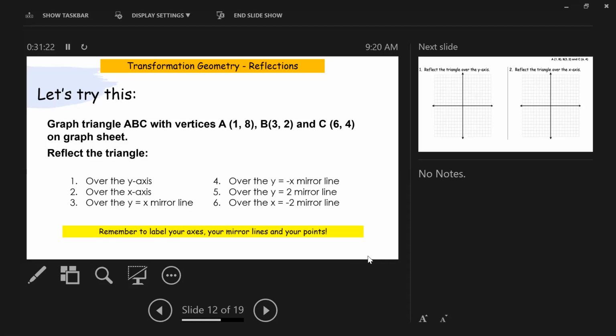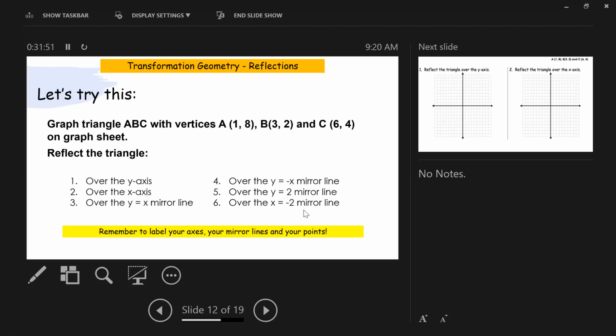All right. So, with that said, we also did other mirror lines. Other mirror lines mean that the line can be anywhere on the grid. So for example, in your homework, that's what we have up on the screen here. On your homework, you had to do the line y equals 2. And it means that you had to look at the y-axis, right? And the y-axis again is the vertical line.